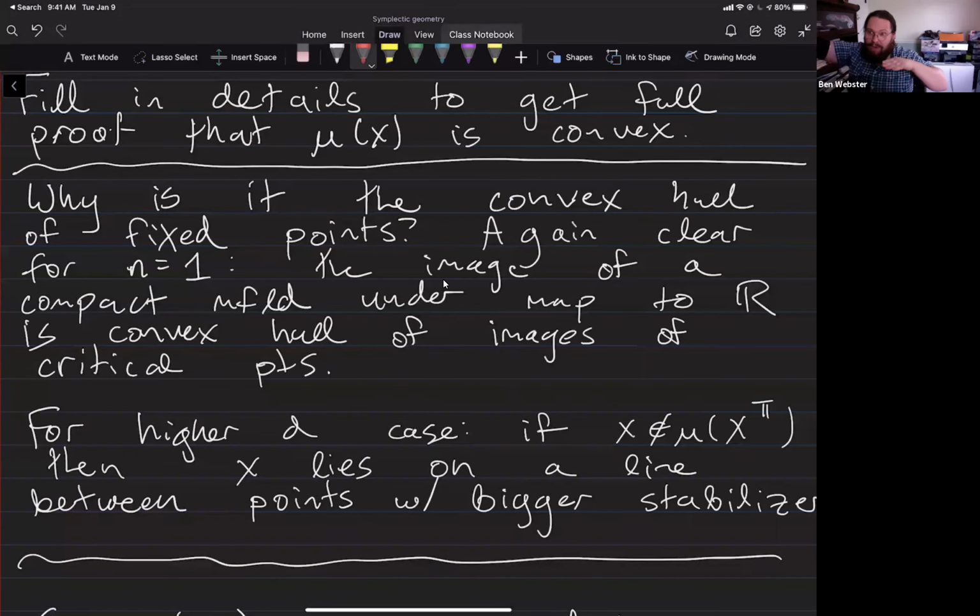I can look at the moment map level for that S1, apply the theorem down there, and that means my point lies on some line in that hyperplane, which hits two extremal points of the polytope associated to the reduction. And those extremal points have bigger dimensional stabilizers.